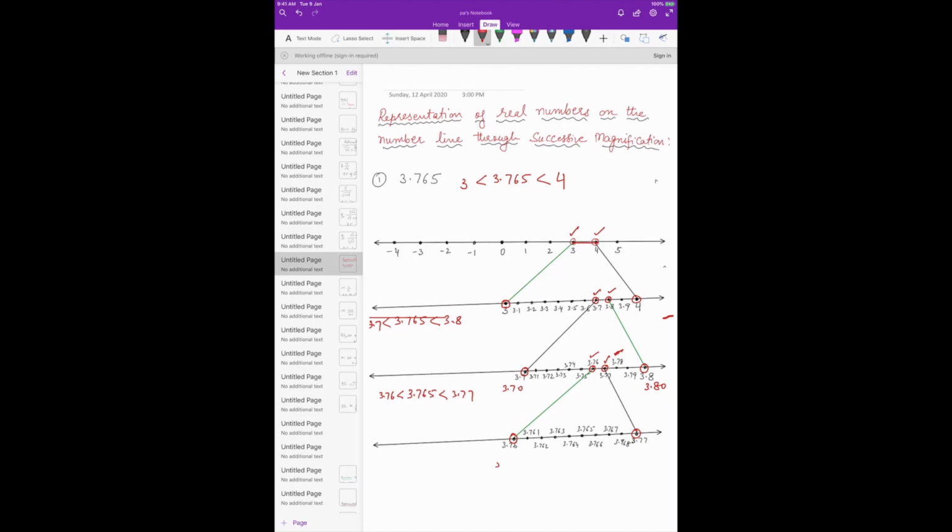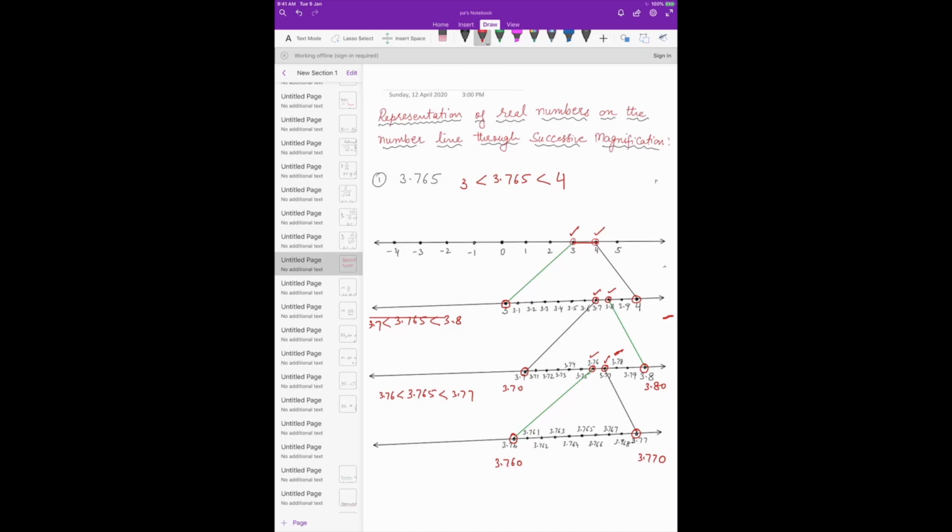Again, as you can see, 3.76 can be written as 3.760, 3.77 can be written as 3.770. So in between these two numbers, the numbers of the type 3.761, 3.762, 3.763 and so on up to 3.769 will be there.